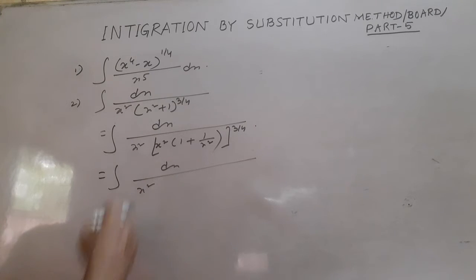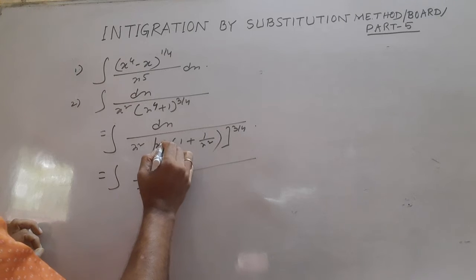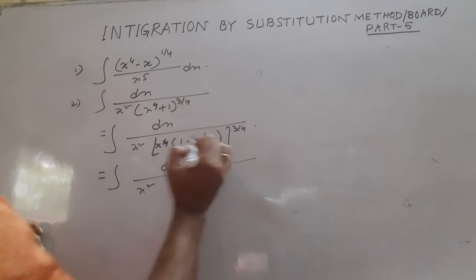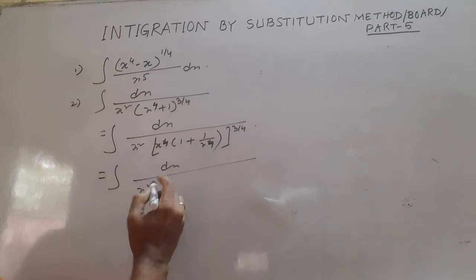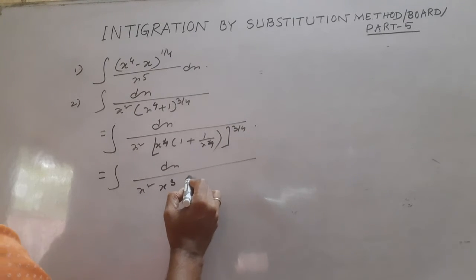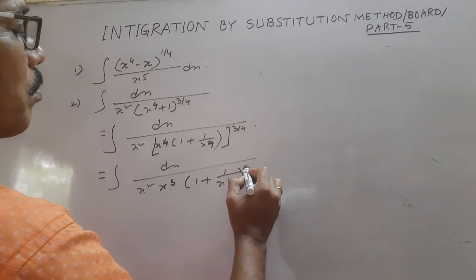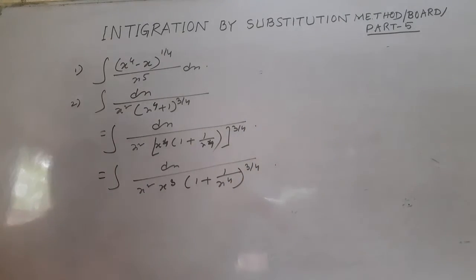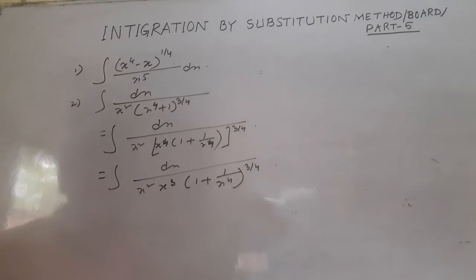So I think this is x to the power 4. So you correct it, x to the power 4. So x to the power 4, 1 by x to the power 4, to the power 3 by 2. So this is x cube and 1 plus 1 by x to the power 4, power is 3 by 4. Yes, correctly it is x to the power 4.